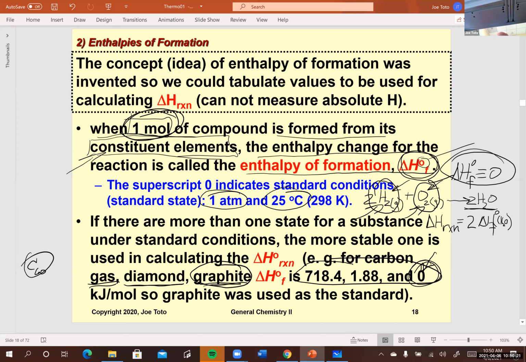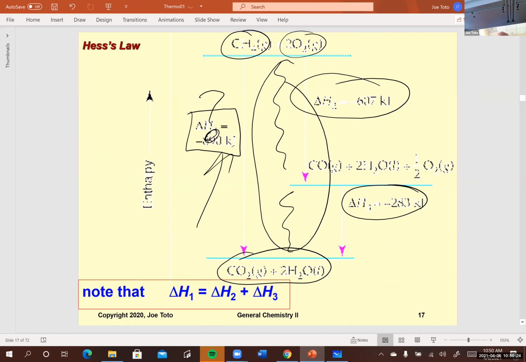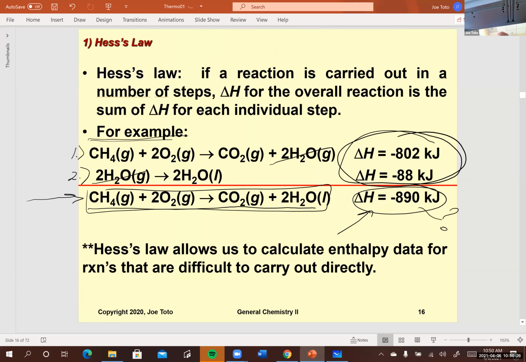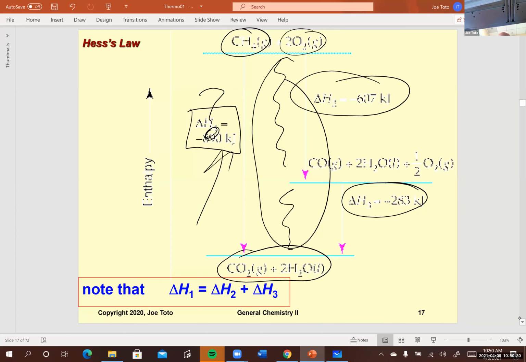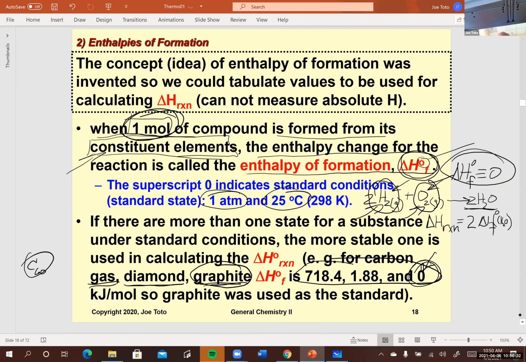Maybe we didn't define it. Maybe we should define it. Yeah, I kind of gloss over it back here in the notes. I should probably say this more explicitly.